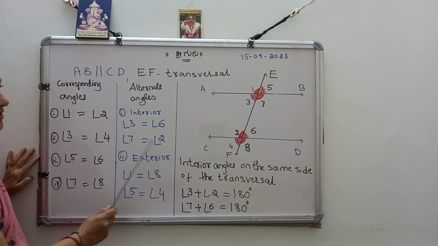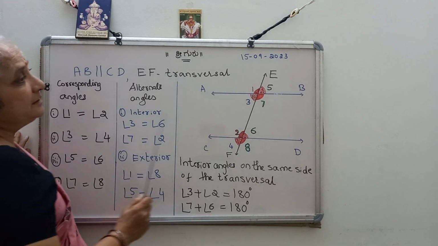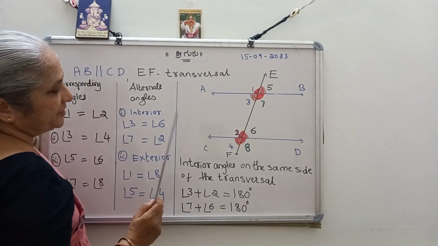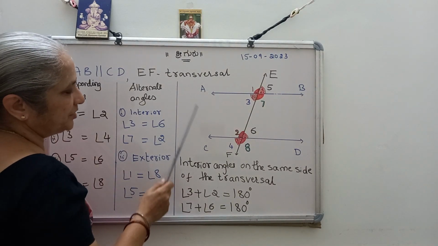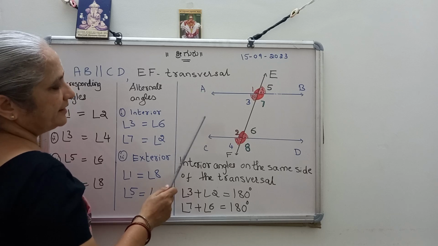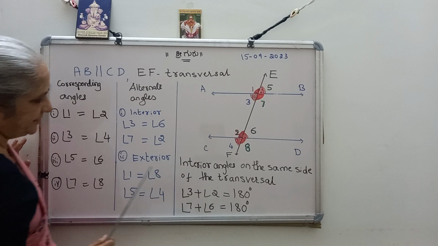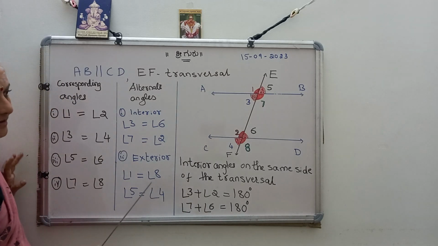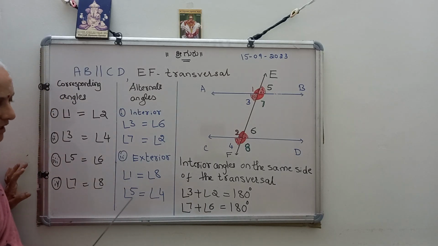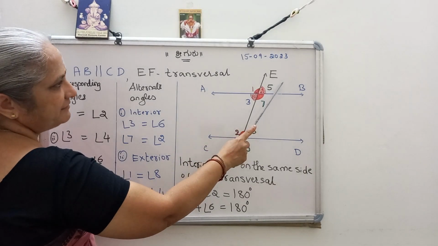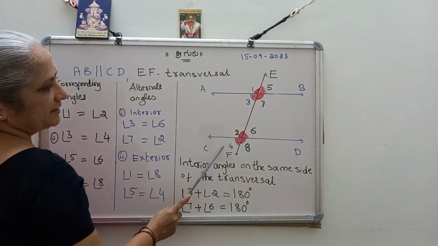There are another two pairs of alternate exterior angles, 1 and 8. These two angles are equal. Angle 5 is equal to angle 4.